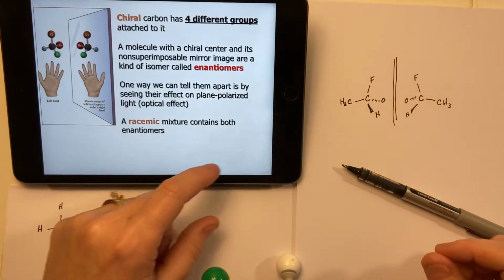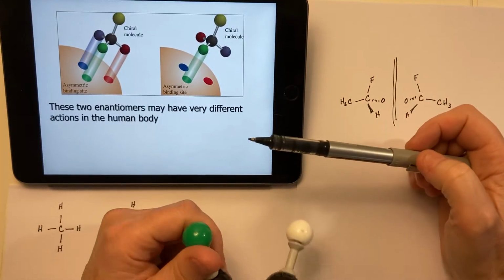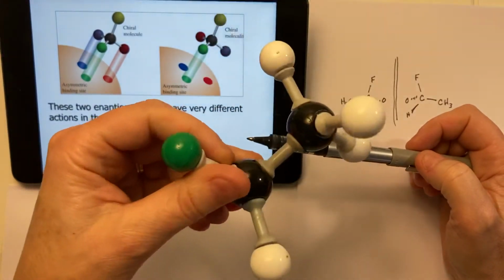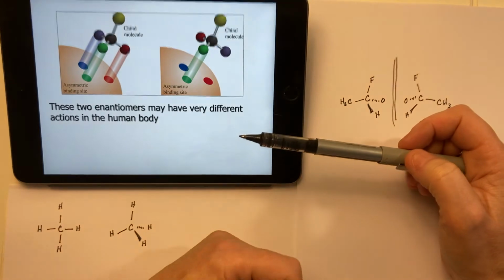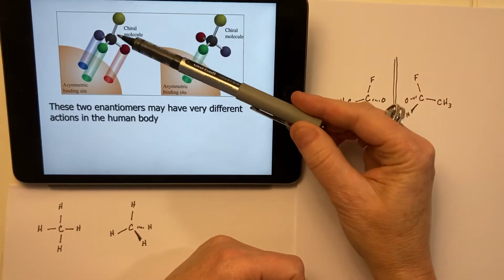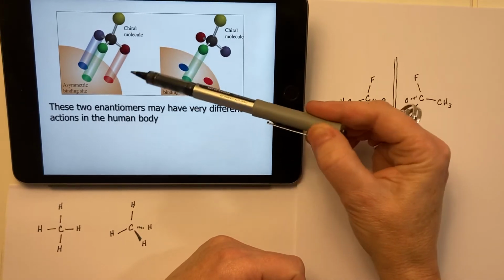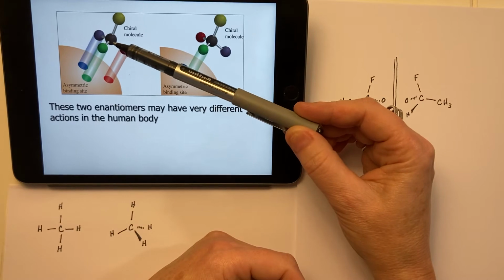So what kind of different things could they do? Well, if you happen to have some molecules that are involved in, say, some pharmaceutical, maybe you're creating a medicine. Usually when you create medicines, the shape and the distribution of the molecule really matters in terms of its reactivity.